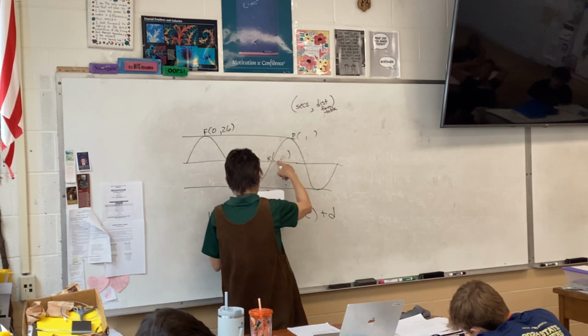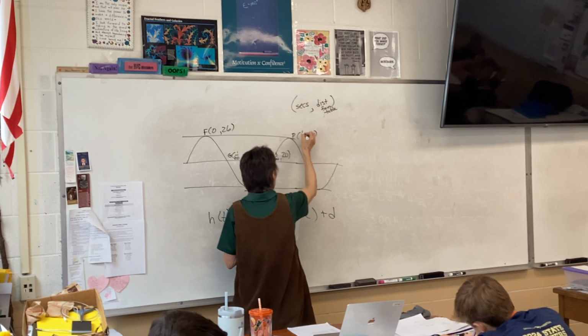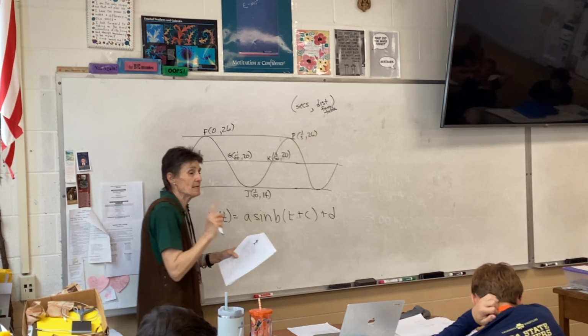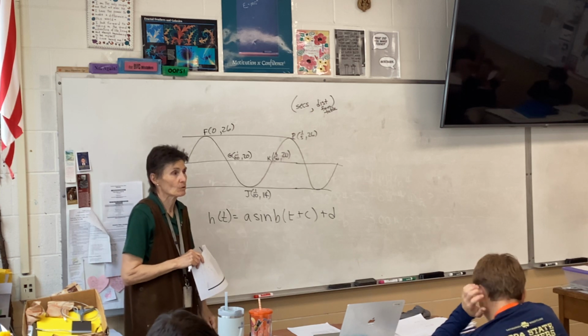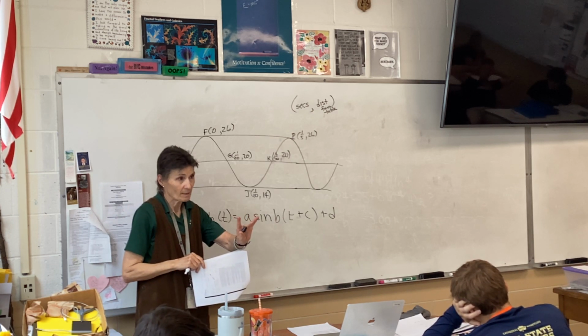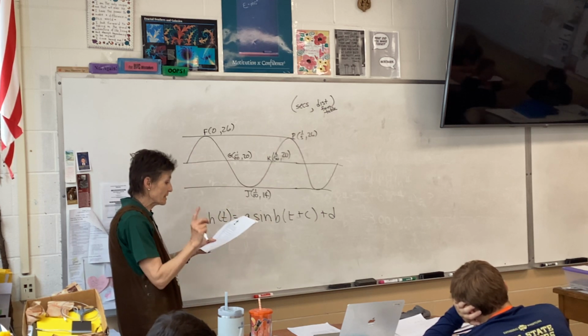And then this one was 3/20ths and 20, and 1/5 and 26. Now, does anybody have a question about any of those points? Because those are critical. We want to get those right so that we can write our equation. Okay, which is the next step then.